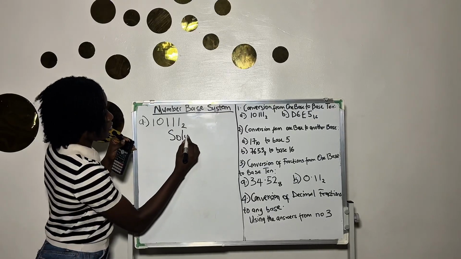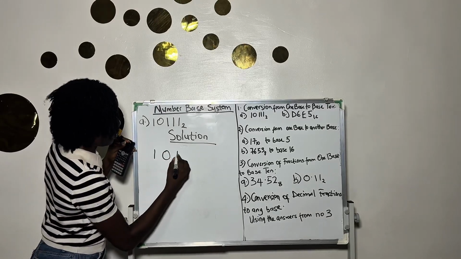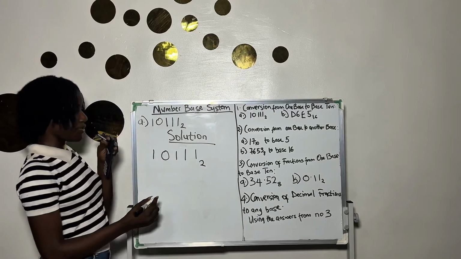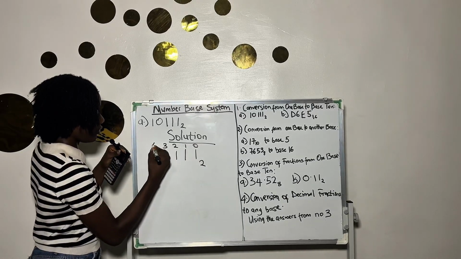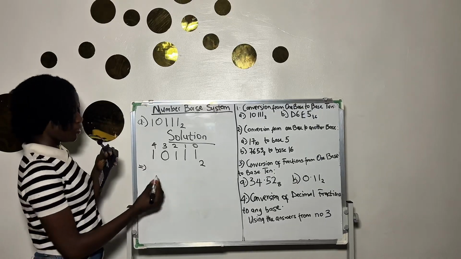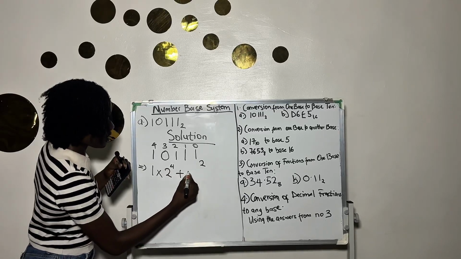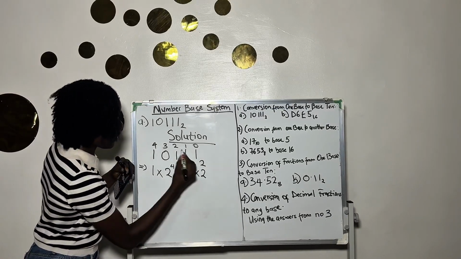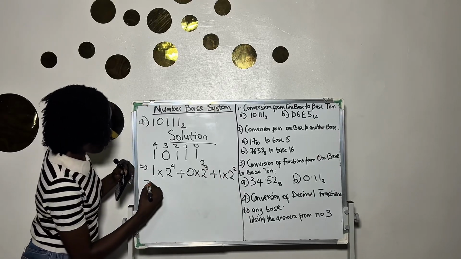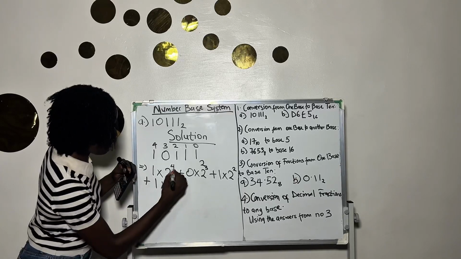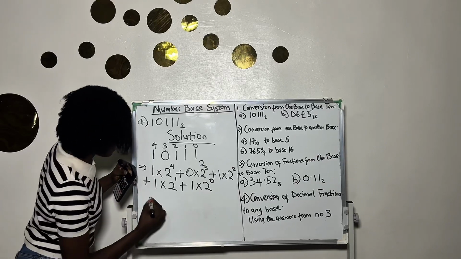Solution. Here we're going to put in place values starting from 0. So 0, 1, 2, 3, 4. So this 1 times the base raised to the power 4 plus 0 times the base raised to the power 3 plus 1 times the base raised to the power 2 plus 1 times the base raised to the power 1 plus 1 times the base raised to the power 0.